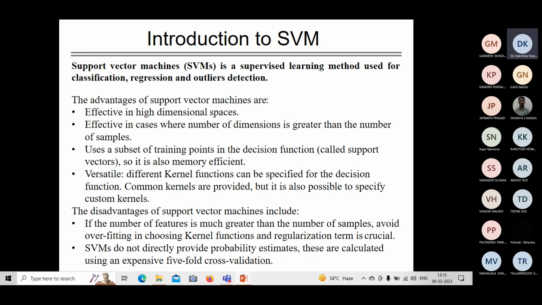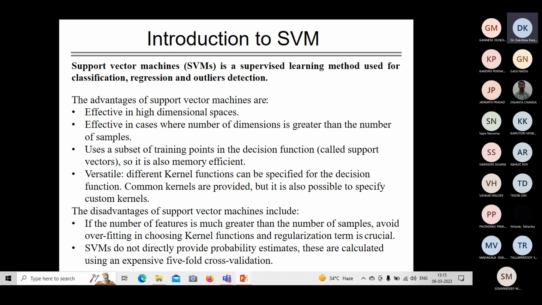We will learn about overfitting, underfitting, and regularization in the subsequent classes, but for the sake of understanding support vector machines, we just remember this statement.